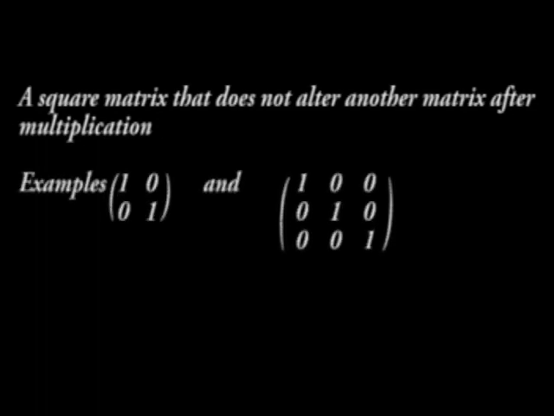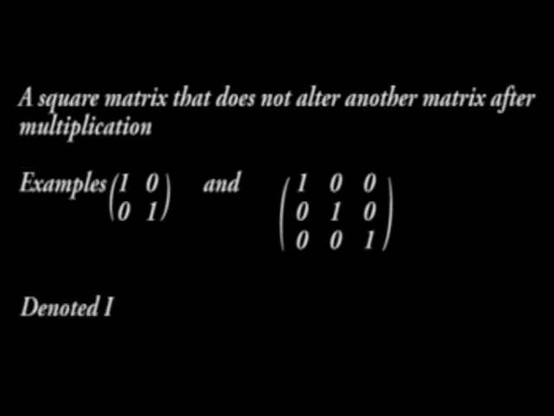Identity matrix. A square matrix that does not alter another matrix after multiplication is an identity matrix. For example, 1 0 0 1 and 1 0 0 0 1 0 0 0 1.